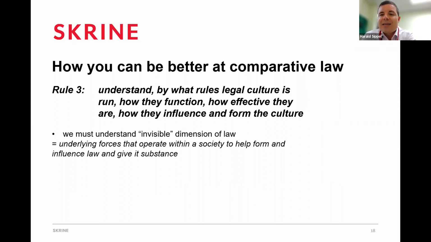Because if we understand that, say, the chambers of commerce played a very important role in the shaping of a law, then we would understand why it is maybe more business friendly than it is consumer friendly. If, however, consumer organizations had a very big say, and maybe if elections were not so far away, and the political leaders understood that it's important for them to show that they care about the people, then maybe a law is more consumer friendly.